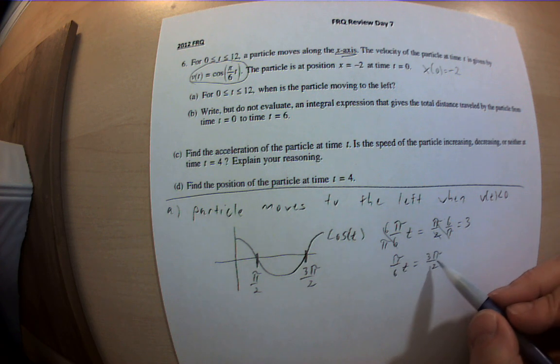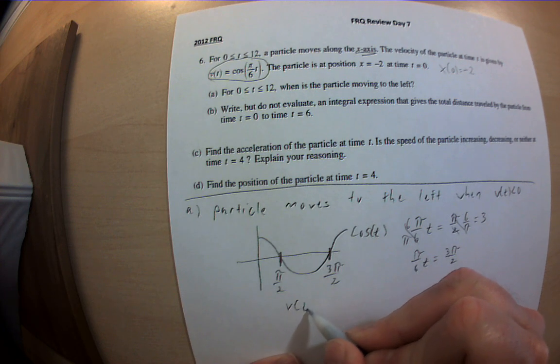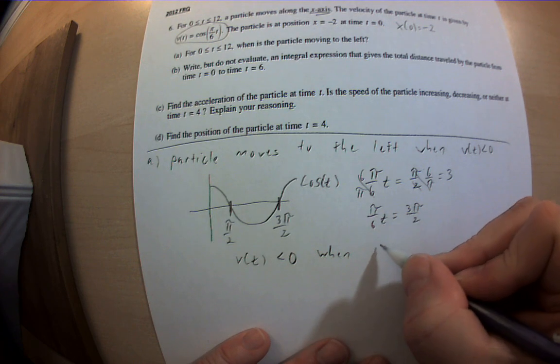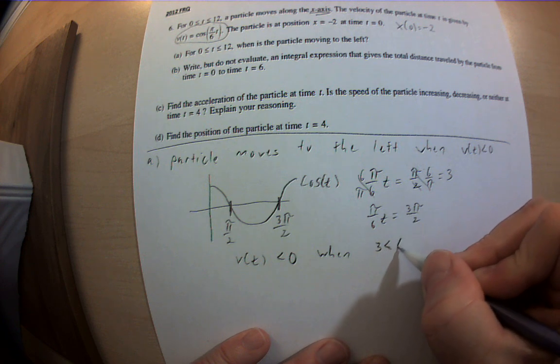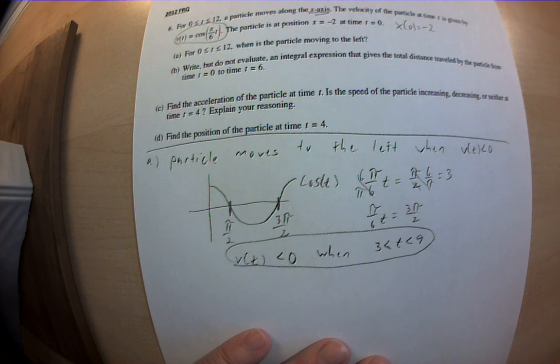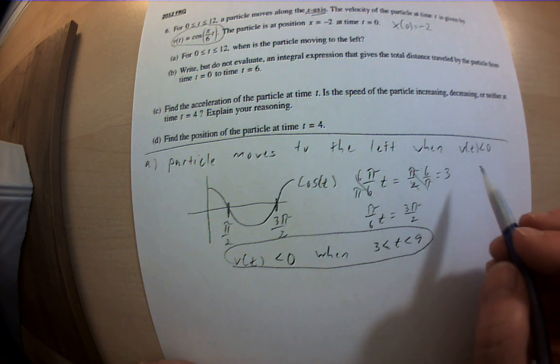Well, guys, I can just see 3 pi over 2 is 3 times pi over 2, so it's going to be 9. So v of t is less than 0 when t is between 3 and 9. So it gives you 2 points for that.